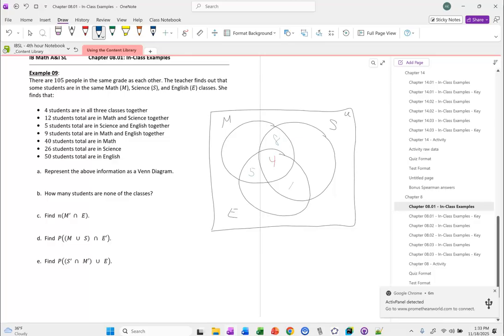Wait, where'd you get the one from? 5 are total in science and English together. So the science and English circle is here. We already placed 4. So 1 more. What goes here? We're big boys and girls. We can do this subtraction in our head. And then here.